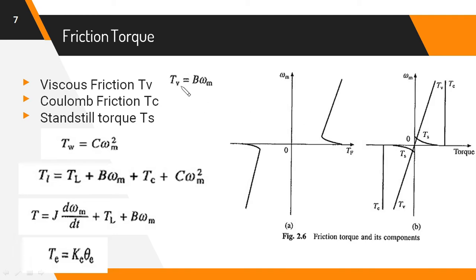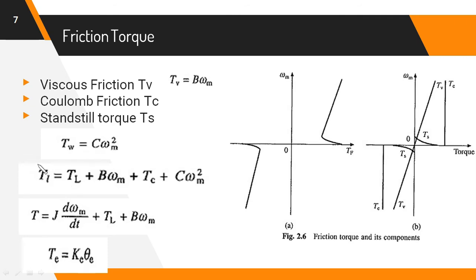So TV is linearly proportional to omega m. V is the viscous friction coefficient, TC is a constant torque independent of speed, and standstill torque is present during the starting condition. Now the windage torque is proportional to omega m square, speed square, and C is the constant for the windage torque.